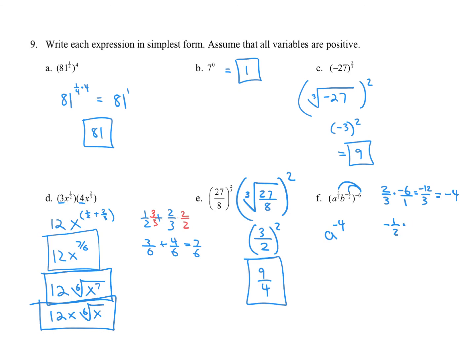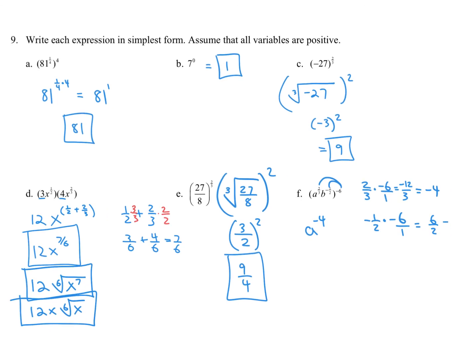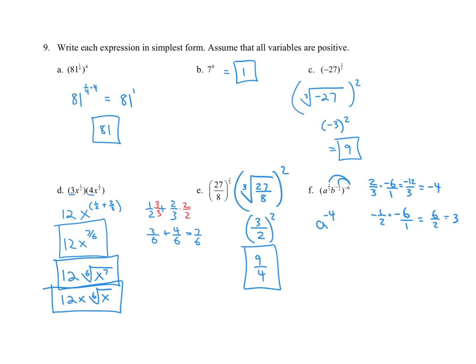Negative 1/2 times negative 6 over 1 is positive 6 over 2, which is 3. So we get b to the 3rd power. And now I'm going to take my part with the negative exponent and move it to the bottom of the fraction, and we get b to the 3rd over a to the 4th.